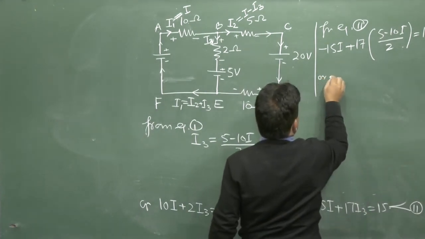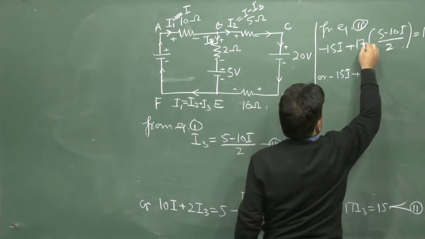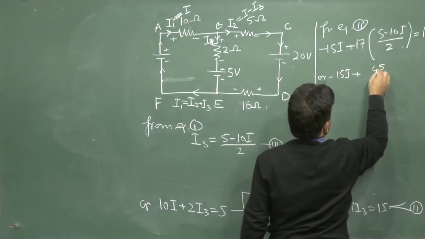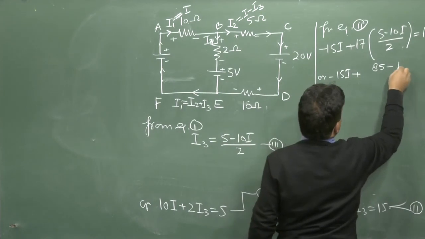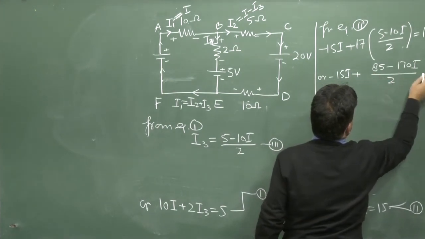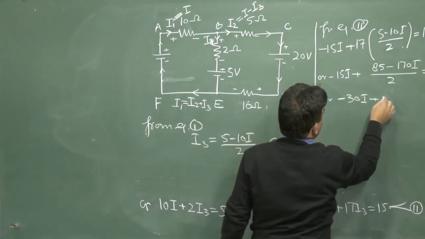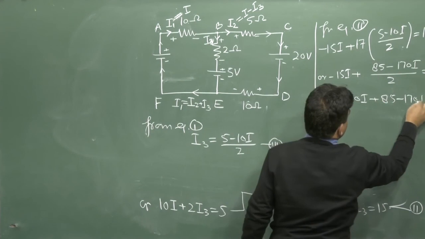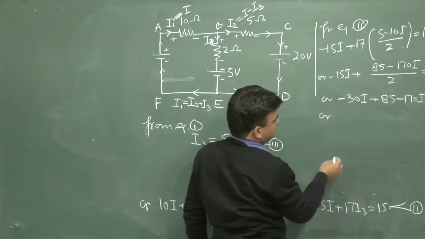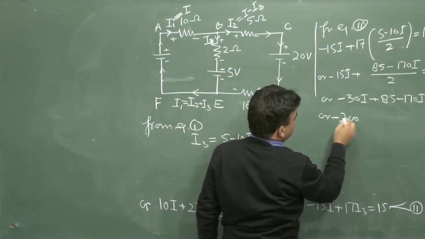Or minus 15I plus 5 sevens are 35, 5 ones are 5 and 3, minus 170I by 2 is equal to 15, or minus 30I plus 85 minus 170I is equal to 30, or minus 30I minus 170I, it is minus 200I.